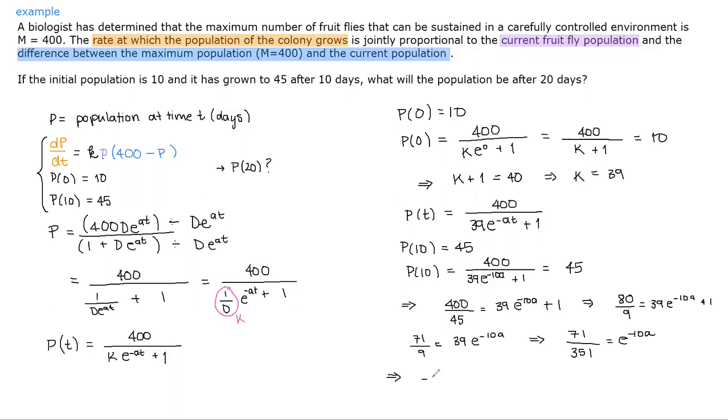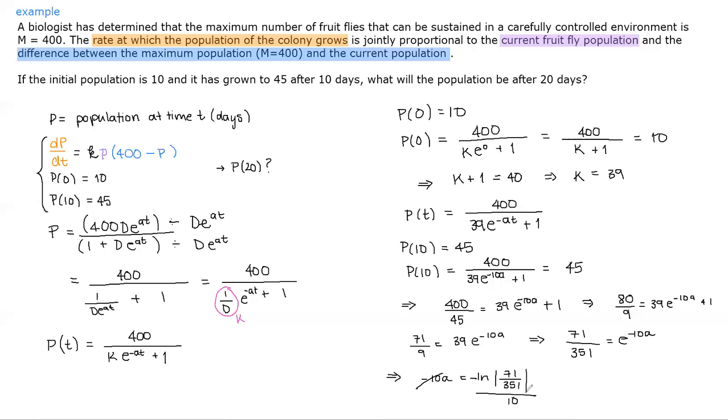And then you get that minus 10a is going to be equal to ln of 71 over 351, which once you divide by minus 10, is going to be this divided by 10.